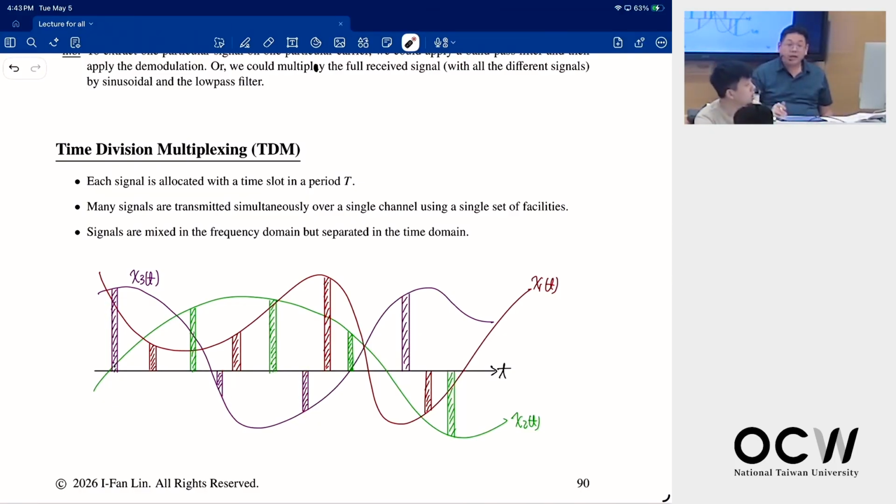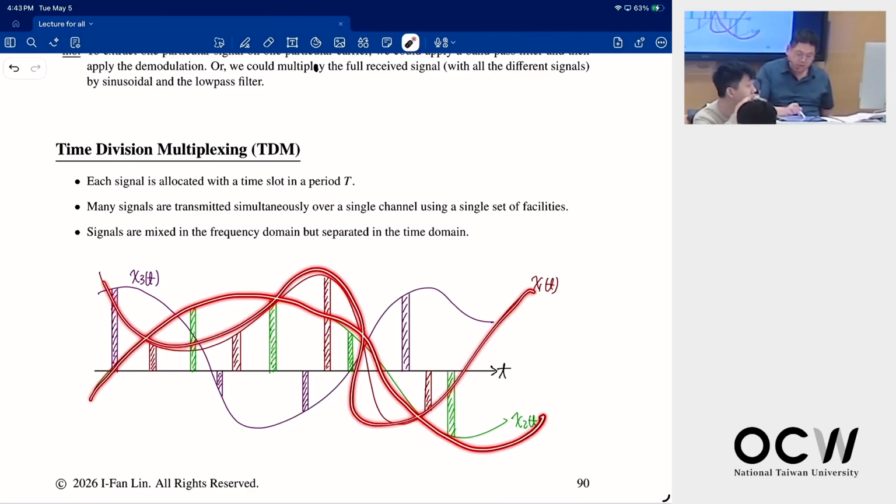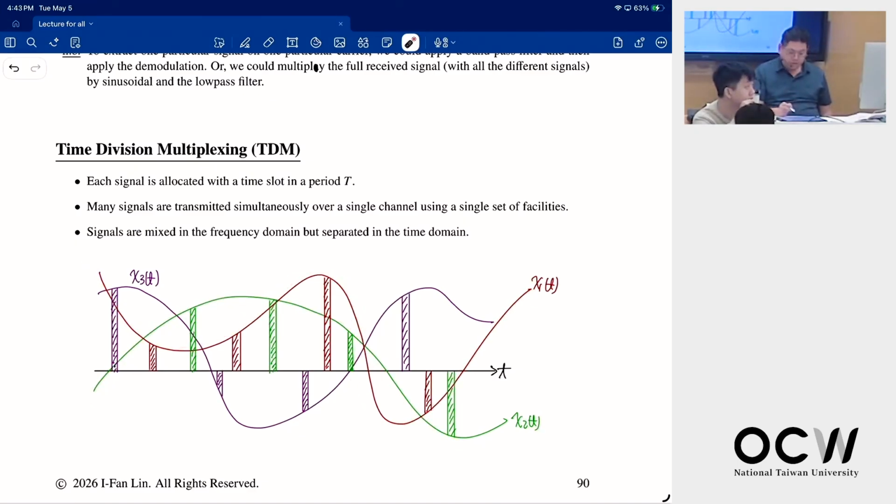If I do that carefully, I can reconstruct the signal perfectly, choosing a good carrier and sample rate.